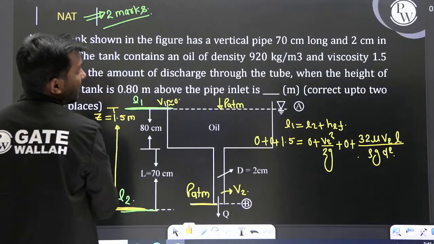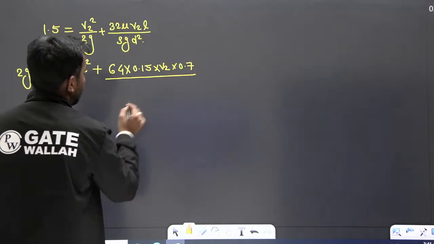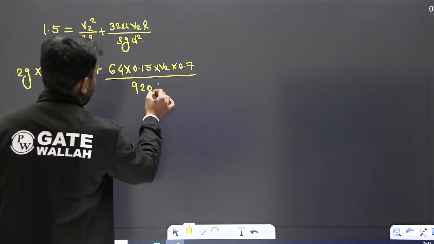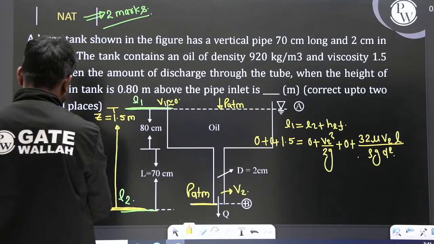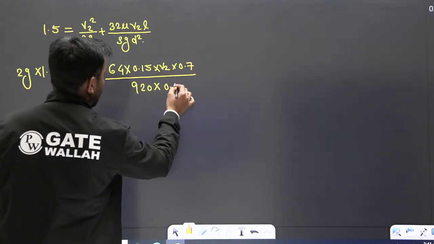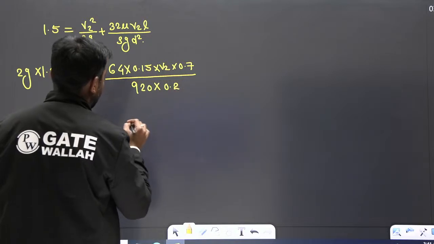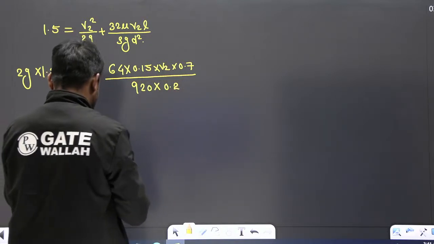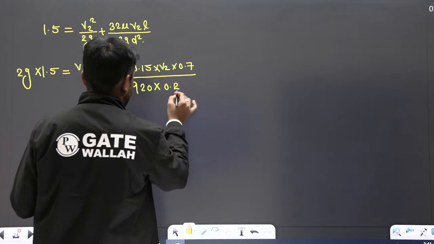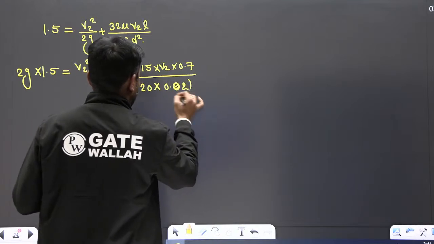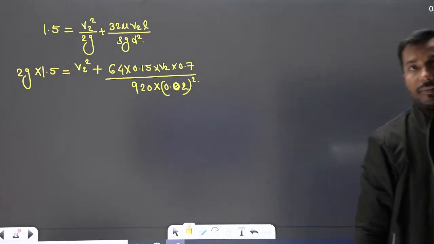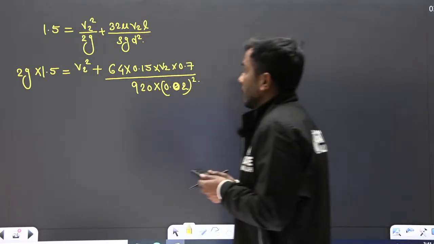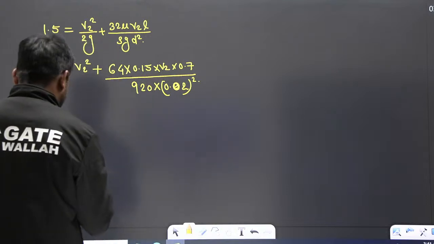Rho is 920, and 920 into diameter squared. Diameter is 2 centimeter, so that is 2 divided by 100, 0.02, squared.